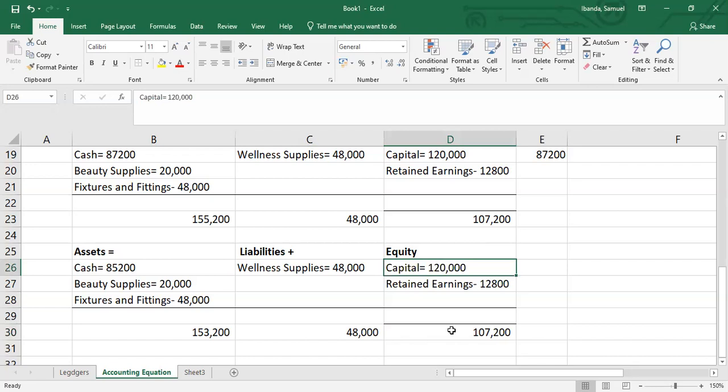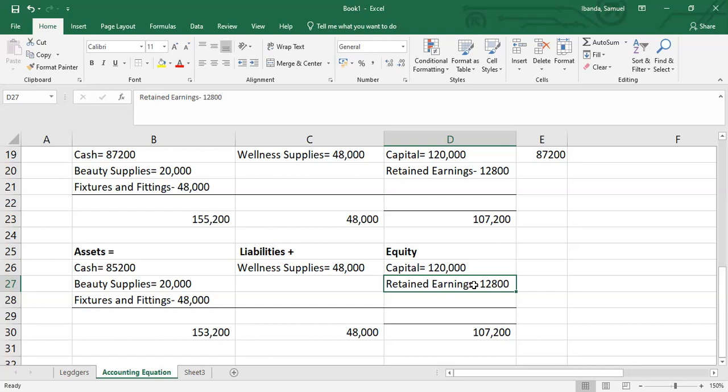Equity, does it affect my capital? No, because the owner is neither contributing nor taking drawings. Does it affect my retained earnings? Yes, because wages are expenses and they reduce our profits.